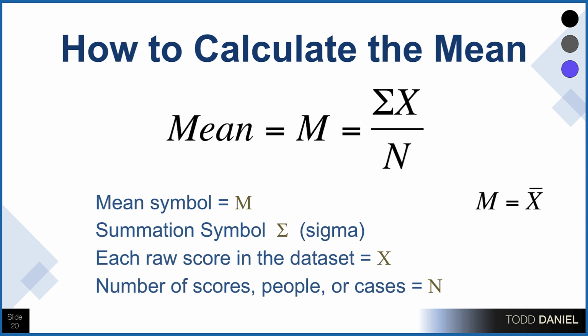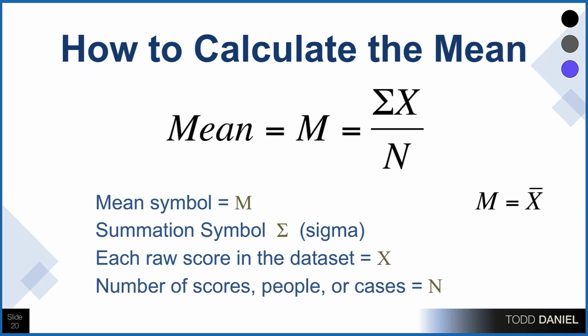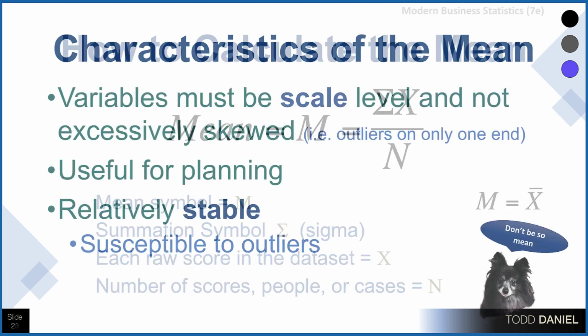Now the mean can be represented either by a capital M or by an X with a bar over the top. Anything that has a bar over it means that it is a mean. If you see Y bar, that's the mean of Y. Z bar would be the mean of Z. But most commonly, we call our scores X scores, and we use the mean of X, or X bar, to stand for the mean.